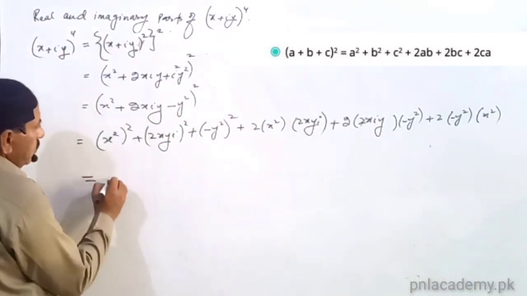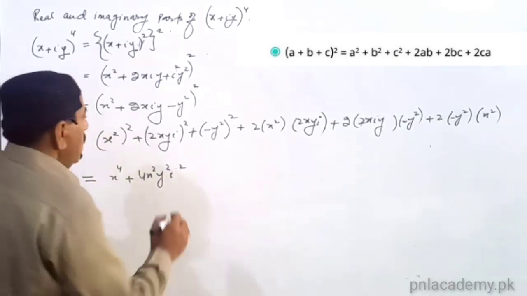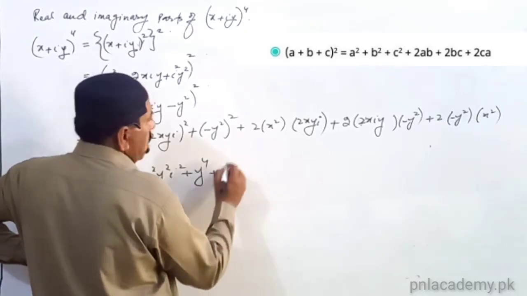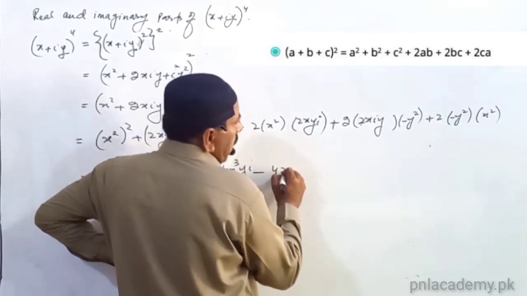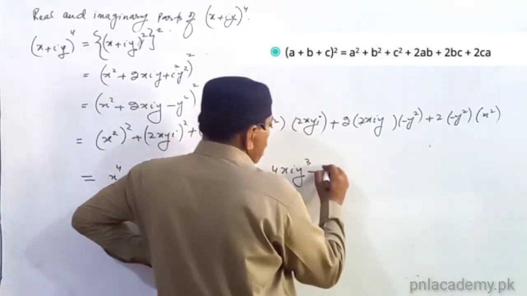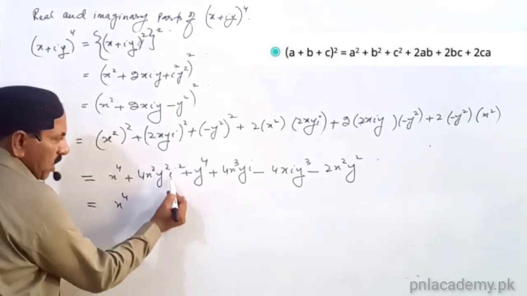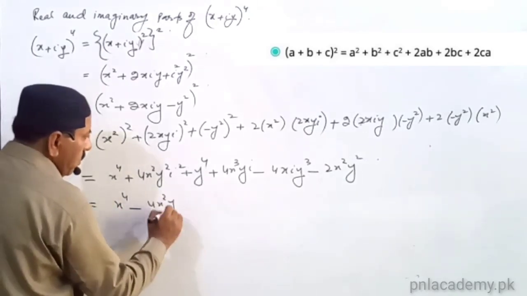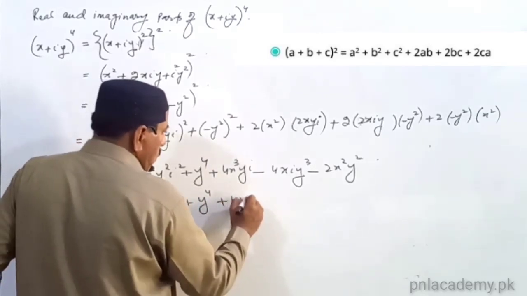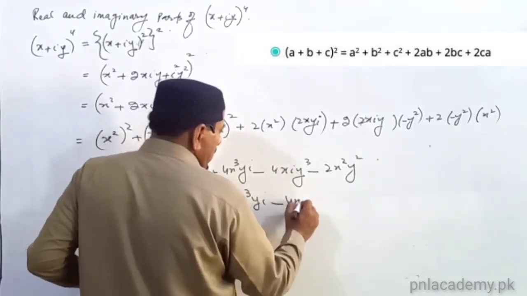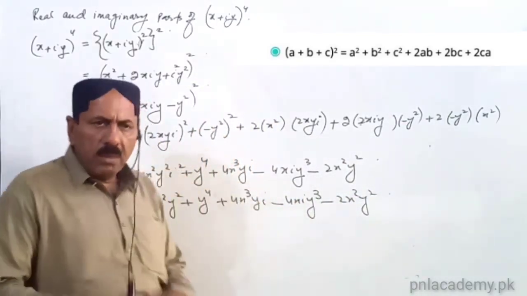After simplification, x^4 + 4x^2y^2ι^2 + y^4 + 4x^3yι − 4xy^3ι^3 − 2x^2y^2. Now ι^2 has the value −1, so this is x^4 − 4x^2y^2 + y^4 + 4x^3yι − 4xyι y^3 − 2x^2y^2. The terms −4x^2y^2 and −2x^2y^2 are the same kind of expression.